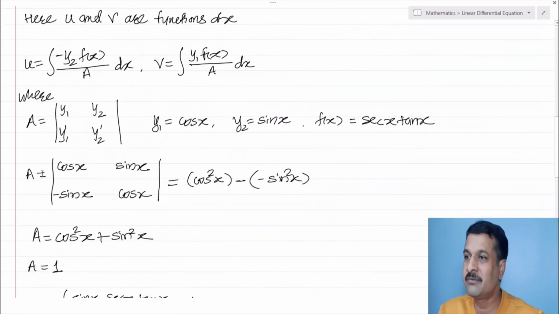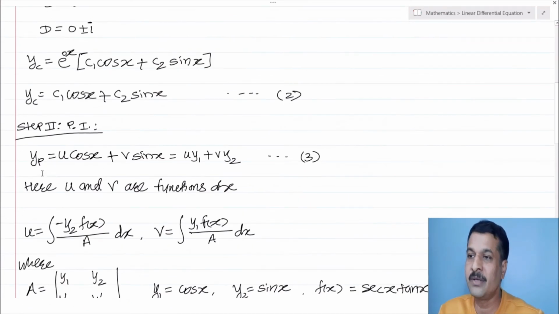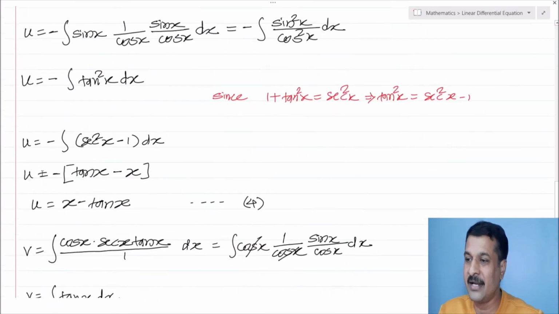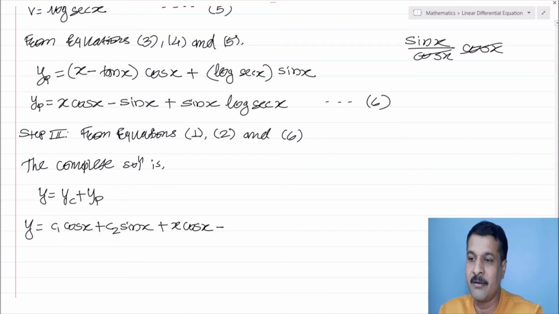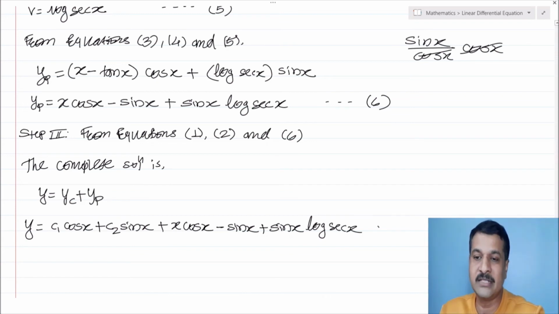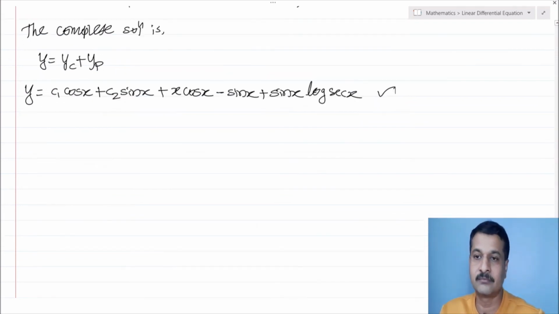We have yc equal to c1 cos x plus c2 sin x, and yp is x cos x minus sin x plus sin x into log of sec x. So this is your required solution.